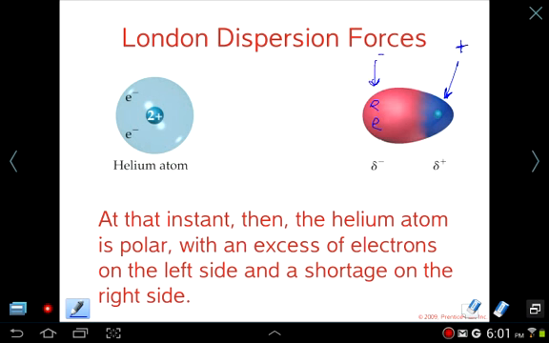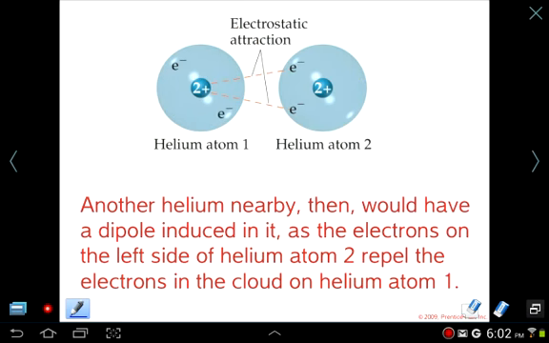So what happens is this atom of helium acquires the same picture as a polar molecule does for an instant. Then another helium atom nearby will be affected by this arrangement. Since you have 2 electrons on the left side, if the next atom comes close enough, this atom will induce the same picture in the next atom, is the idea.